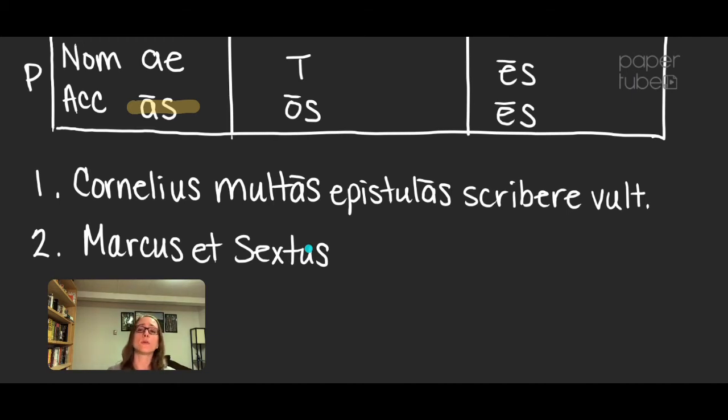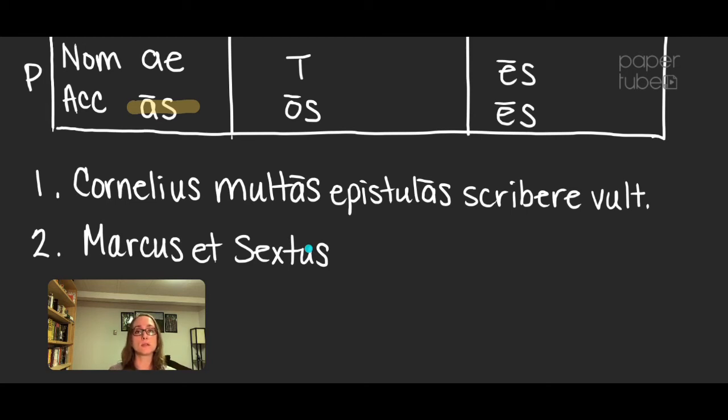You can always find all of these words in the story and probably get the right endings from looking in the story, but I'm showing you exactly how to get the right endings here. Marcus et Sextus watch many slaves. Many slaves is my direct object. I'm going to put that next. Slave is servus. It's masculine. It's going to be a direct object. Direct object's always accusative.